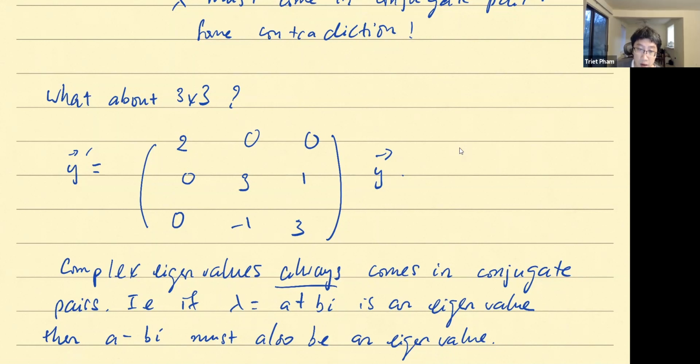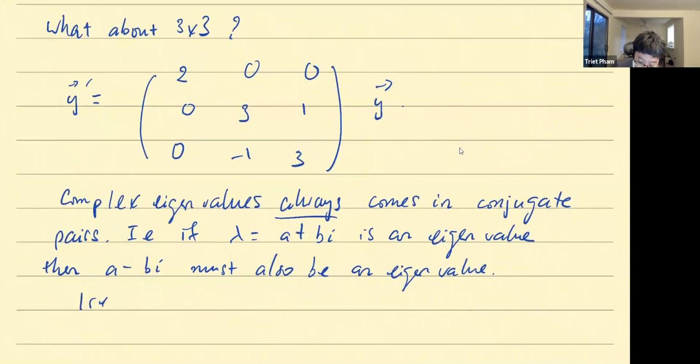No, the matrix is real. Correct. So in a 3 by 3, you can guarantee that you would have 1 real and 2 complex. That's what I'm saying. So in a 3 by 3, you will always have 1 real and 2 complex conjugates. In a way, it's just the 2 by 2 case souped up with 1 more real eigenvalue. That's all. There's nothing complex about 3 by 3 in this case.